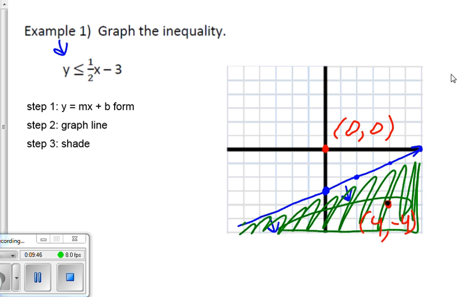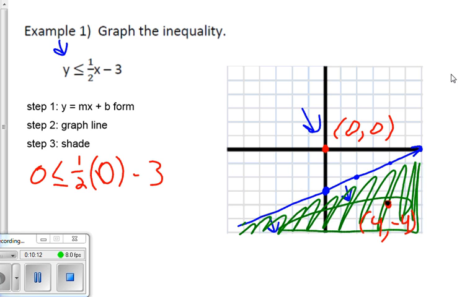If I plug (0, 0) into my inequality, it should not be a true statement. So 0 is less than or equal to 1/2 x, which is actually 0, minus 3. We're trying to show that this isn't true. Again, we want it to not be true because it's on the outside of our shaded region.